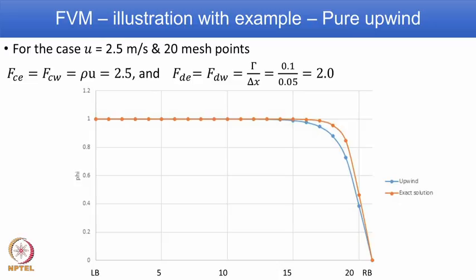Now, with this we looked at the performance of two different schemes, mainly central difference scheme and pure upwinding, for one particular problem, with two different flow conditions and two different mesh conditions. So, if you change the mesh from 5 to 20 for the same flow condition, central differencing gives improved solution without any wiggles or oscillation.